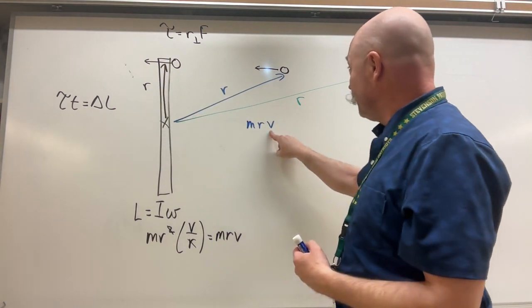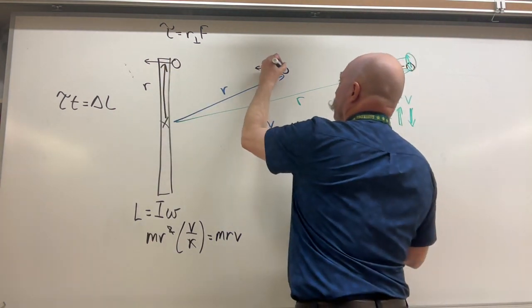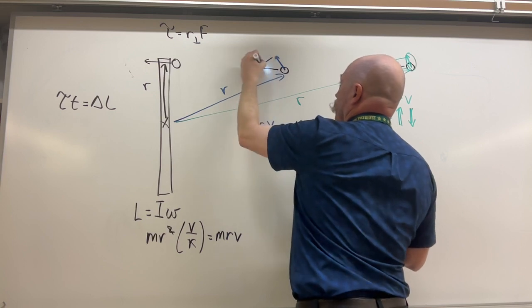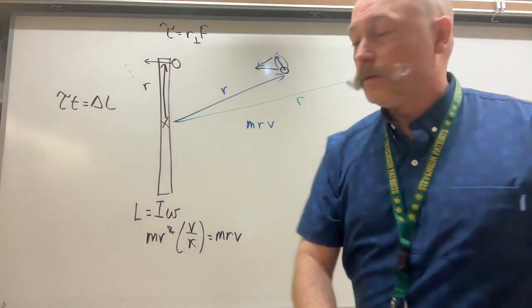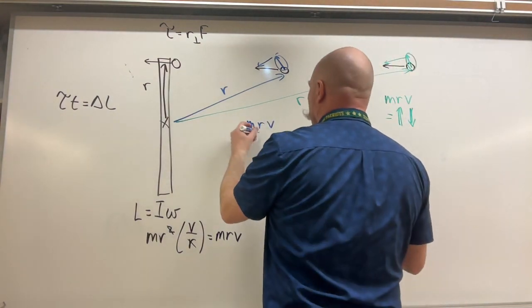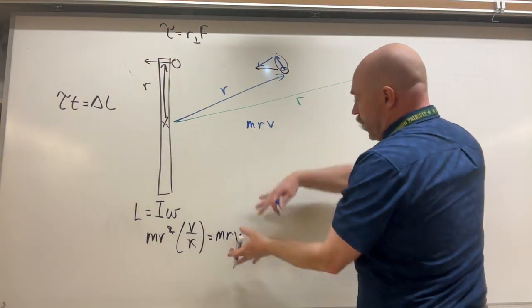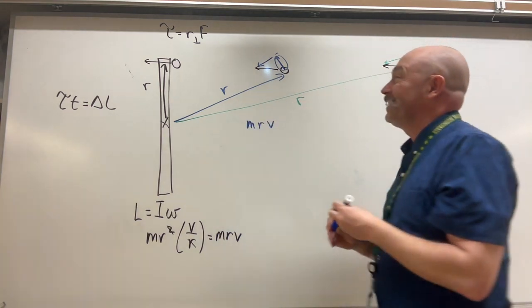That means that this component of V is the one that's going to cause the torque. So this would be in between, and that's how they all can be equal. Hopefully that makes sense.